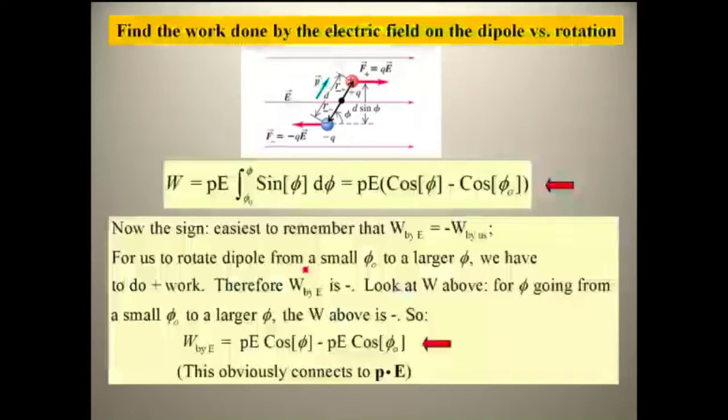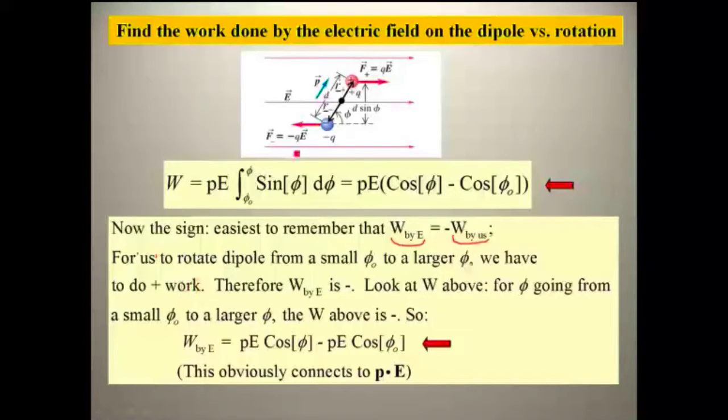If we take the same equation that we just derived and look at this in terms of the work, one thing you want to realize is that the work done by the electric field is minus the work done by us. That is, if you were pulling or pushing the dipole, that would be you. Again, for us, in quotes, to rotate the dipole from a small phi 0 to a larger phi, we have to do positive work.